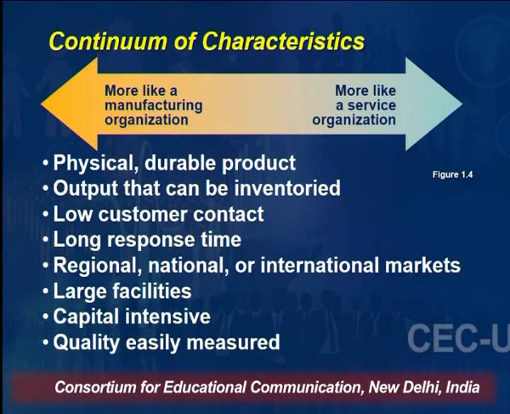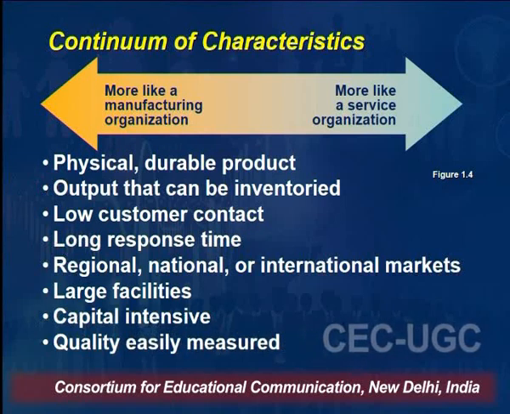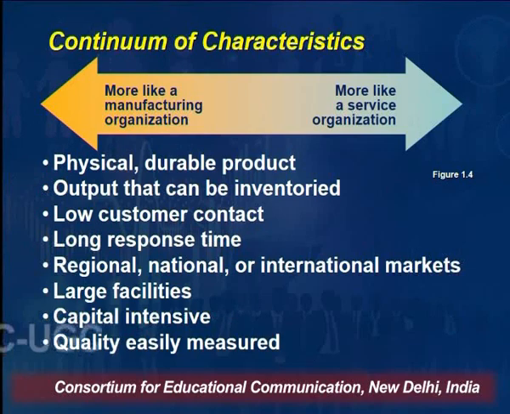Then generally manufacturing facilities are large manufacturing plants. It is more capital intensive because a lot of money is required to build that infrastructure, machinery, and plant. And quality can be easily measured. There are various ways which you will be studying in the quality management chapter.